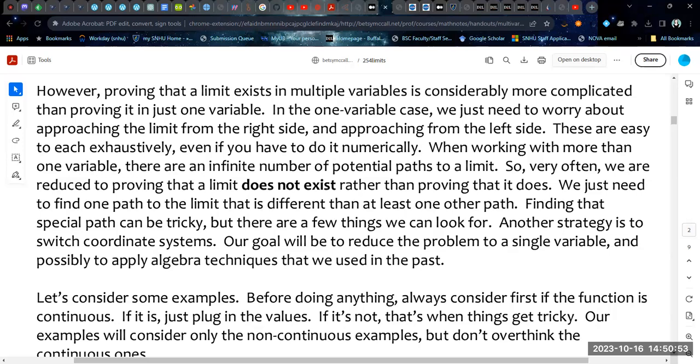Now, we've seen in the case of the one variable problem where the limit actually doesn't exist, it is not just division by zero, but after we apply our techniques, we have to actually get two different values, maybe positive and negative infinity on different sides, or maybe if we come from the right, we get to one value, and if we come from the left, we get to another value. That's the kind of thing that we're looking for. If we choose different paths toward the origin, do we always get the same value, or are we going to get different values depending on the path that we take?